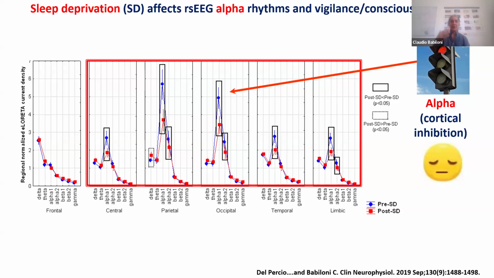So it's a normal mental condition in the morning in healthy subjects. And you can see that there is a high cortical source activity in the alpha frequencies, in the parietal and occipital regions of interest.